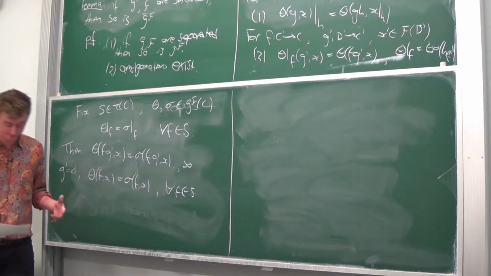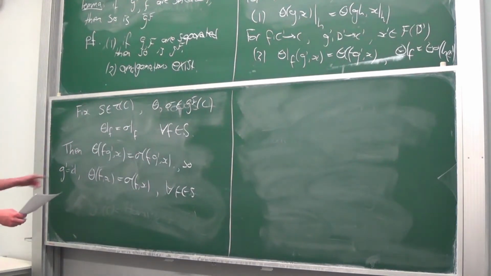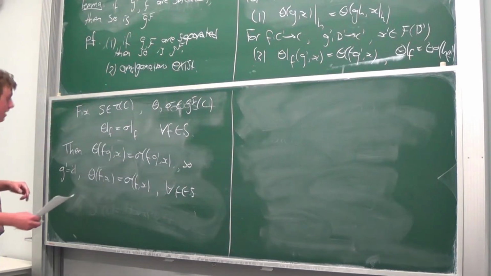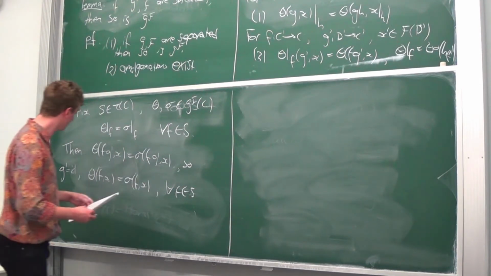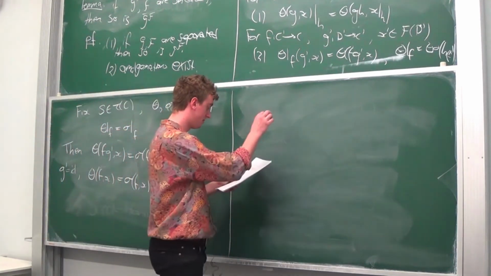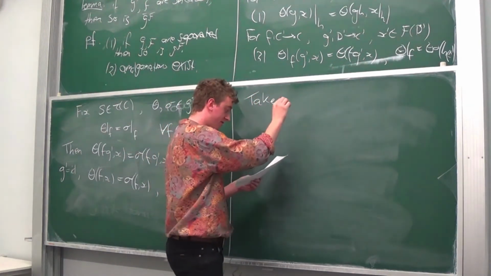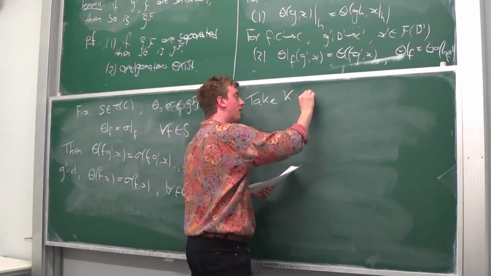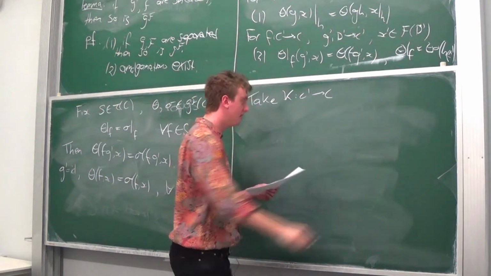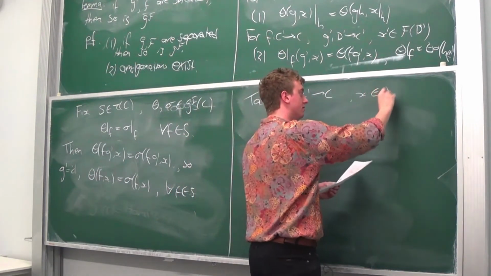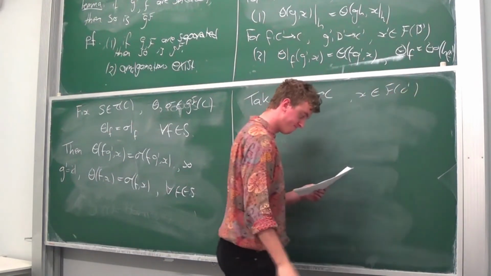So we'd like a way to extend this. Well, that's going to be done by using this first property, the property of naturality. So now we're going to take a morphism K from C prime to C, and x now in C prime.